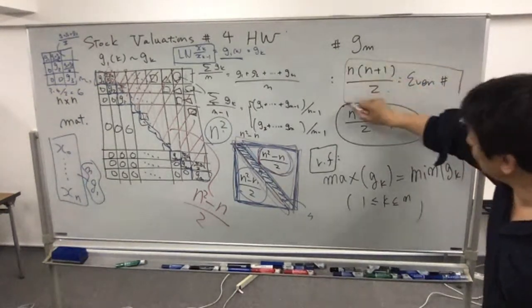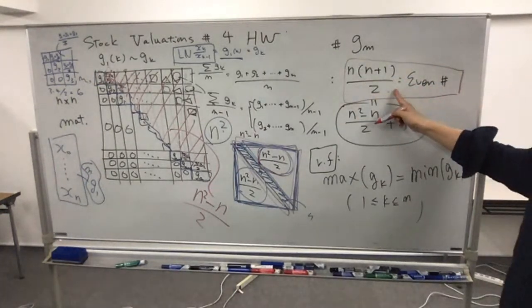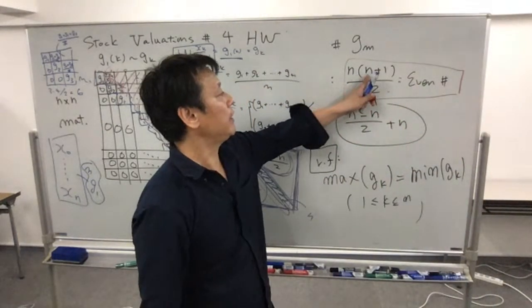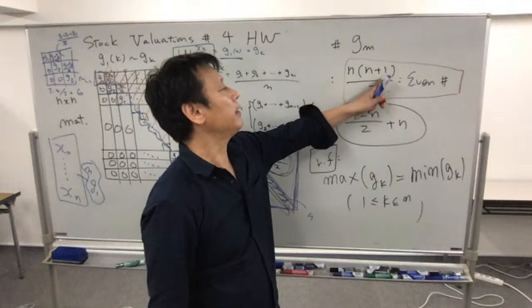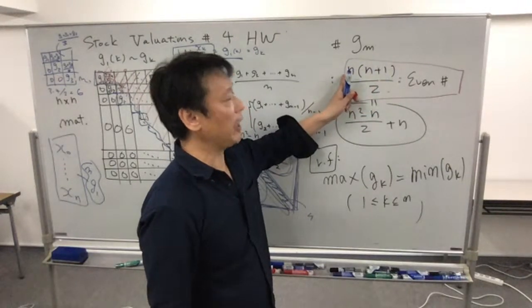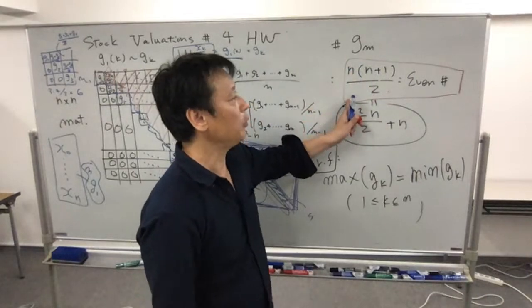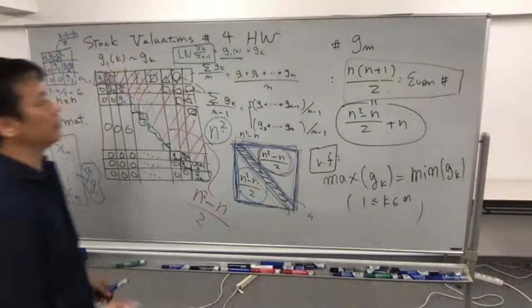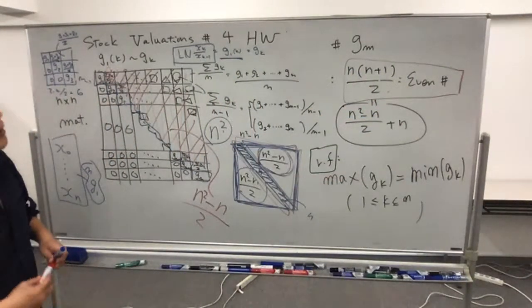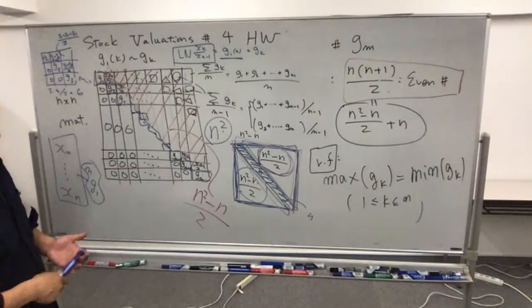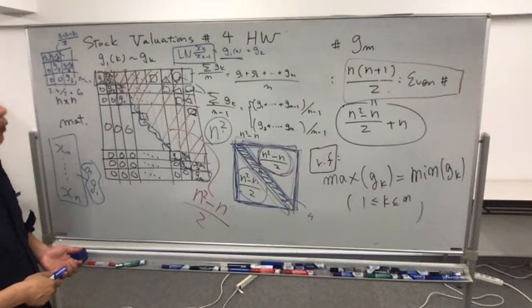And this is always an integer, because n times n plus 1 is the product of an even and an odd number, so it is even. So divided by 2, we always get integers. And this is homework 1.